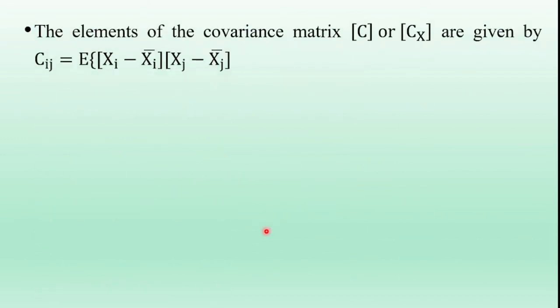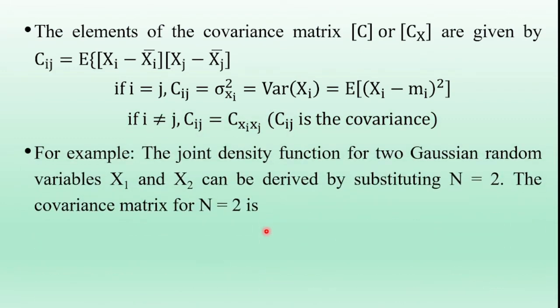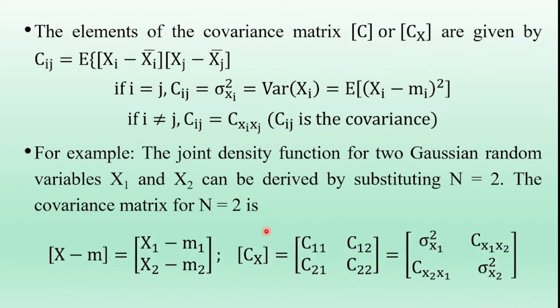For the i equal to j condition and the i not equal to j condition, in that expression substitute n equal to 2, meaning the two random variables case. So for two random variables, the matrix X minus M is x1 minus m1, x2 minus m2, and the matrix Cx is c11, c12, c21, c22.